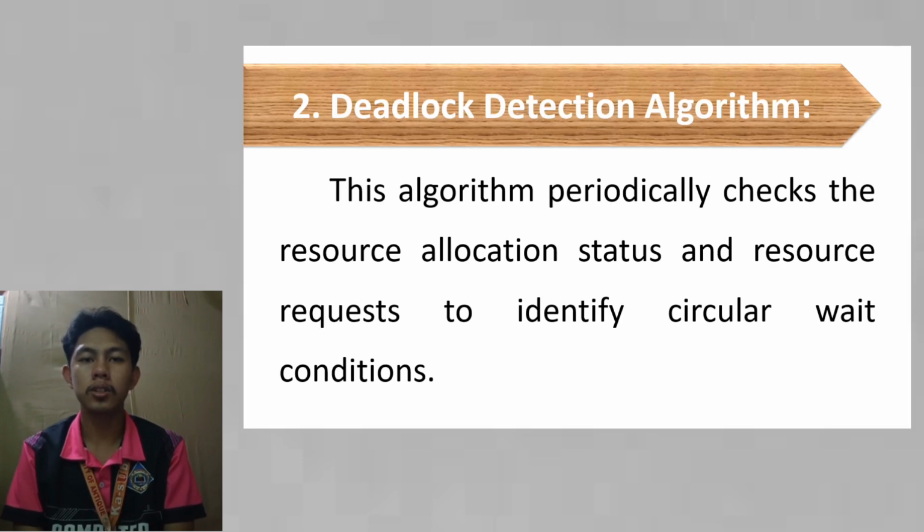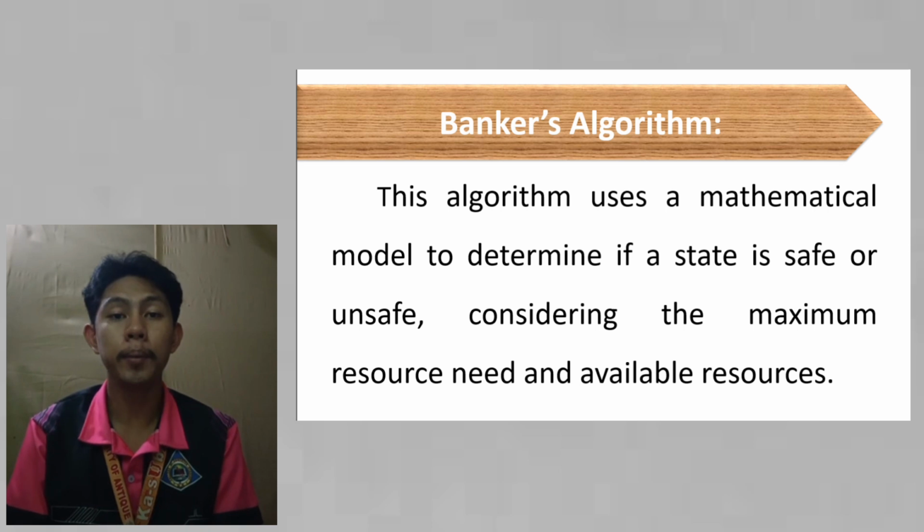Second, the deadlock detection algorithm. This algorithm periodically checks the resource allocation status and resource requests to identify a circular wait condition. A sample of the deadlock detection algorithm. Consider a system with three processes, P1, P2, and P3, and two resource types, R1 and R2. Number 3.